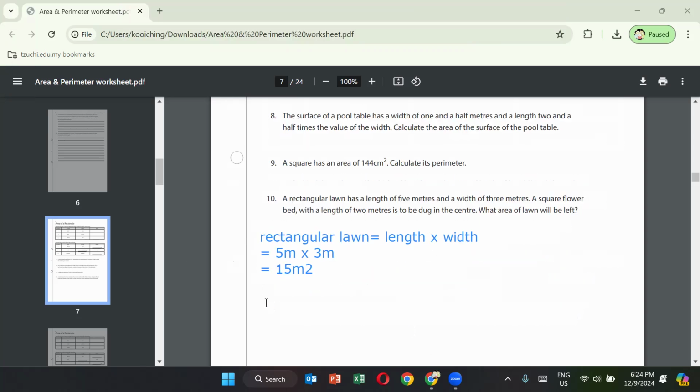And then we will be finding the area of the flower bed. So it says that with a length of 2 meters is to be dug in the center. So we'll write 2 meters.